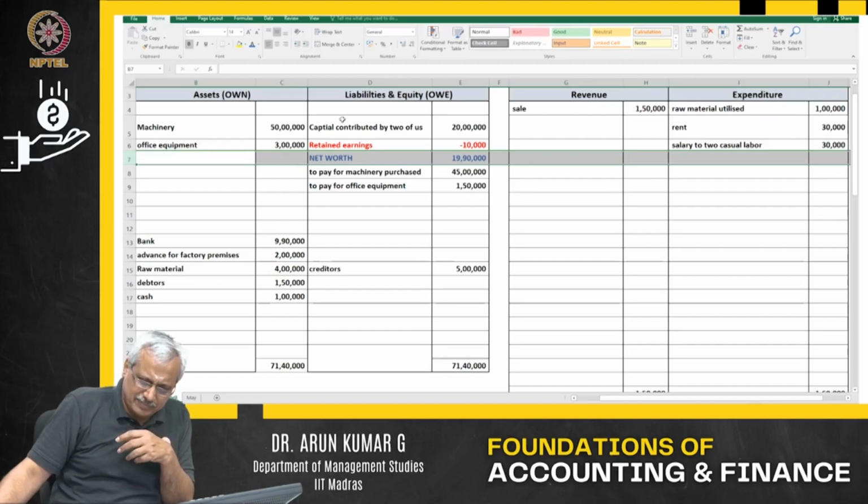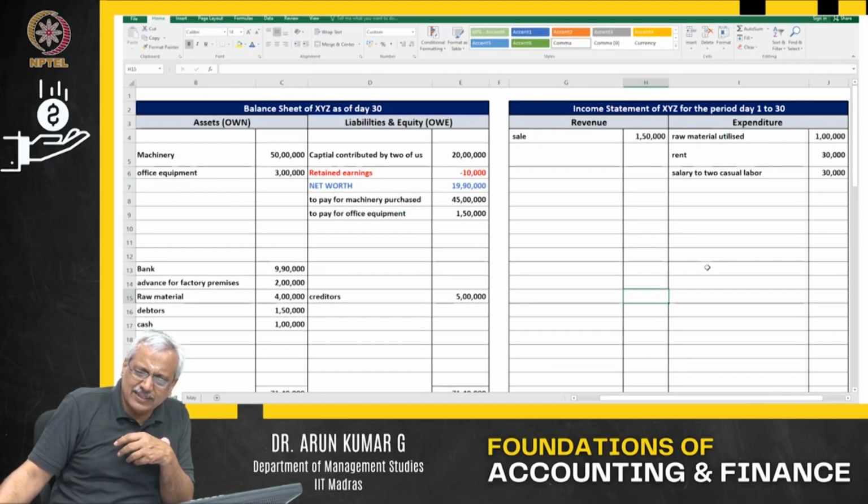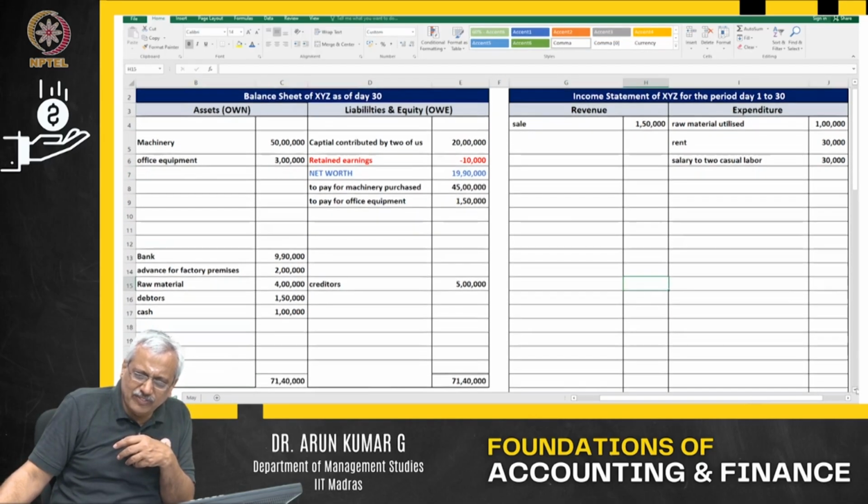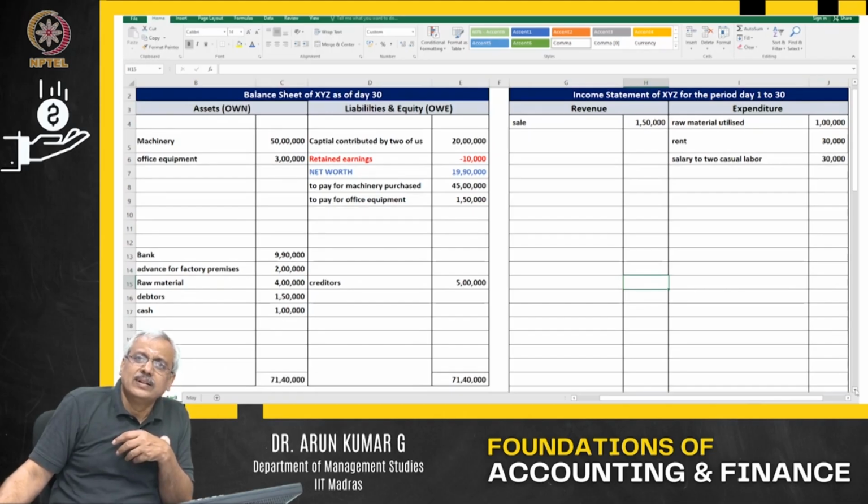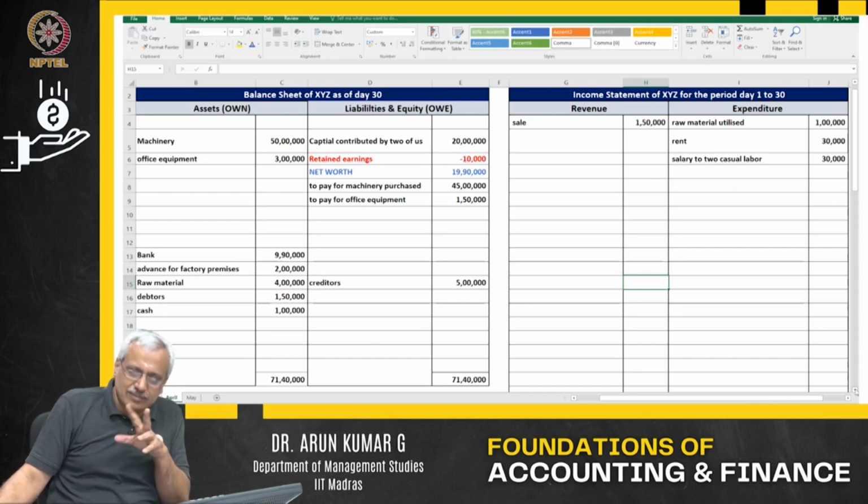Now I will say, imagine on day 30th, you have a sudden windfall gain. Suddenly there is one order, and let us say you use about 50,000 worth of raw material and sell the product for 75,000 cash, or money received immediately in the bank account.